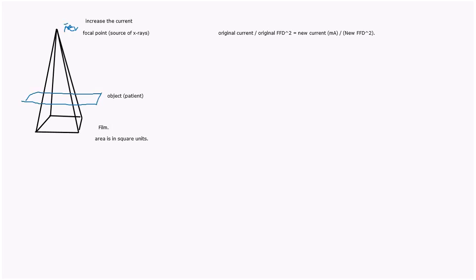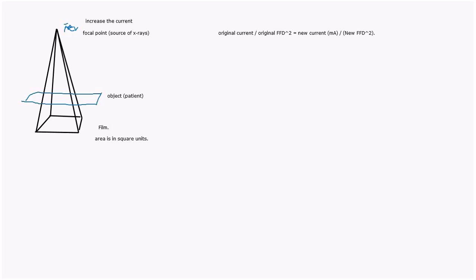Another way we can get more light to shine on the film, and more contrast, I suppose, if certain spots of the patient are more blocking, I hesitate to call a patient dense, but the density of bone, for example, is different than that of muscle, etc. So if we increase the amount of time the X-rays are produced, that will increase the exposure.